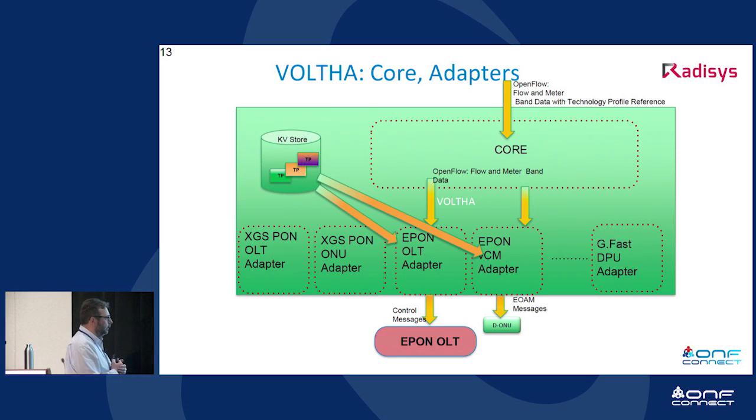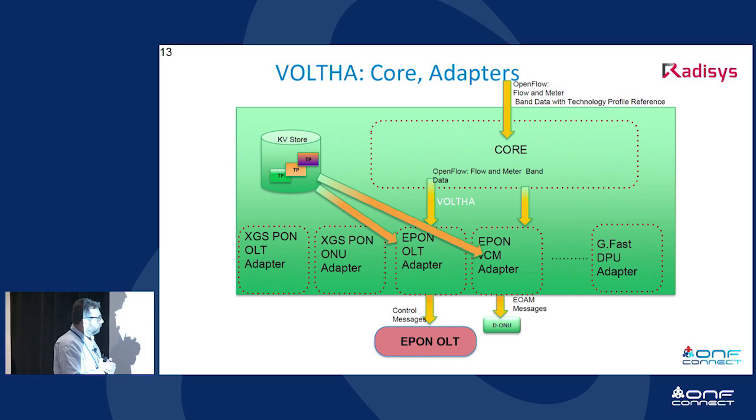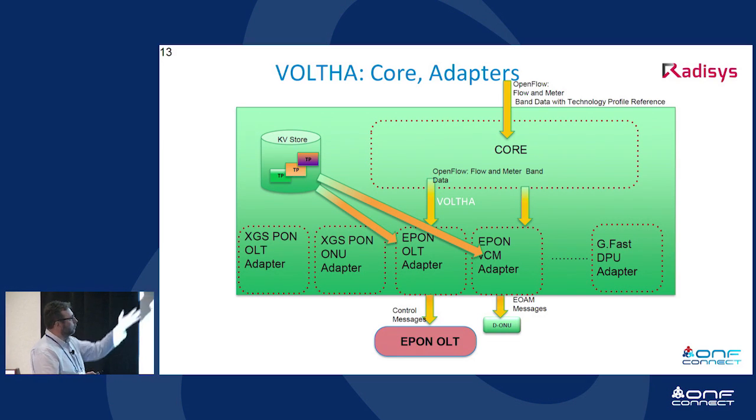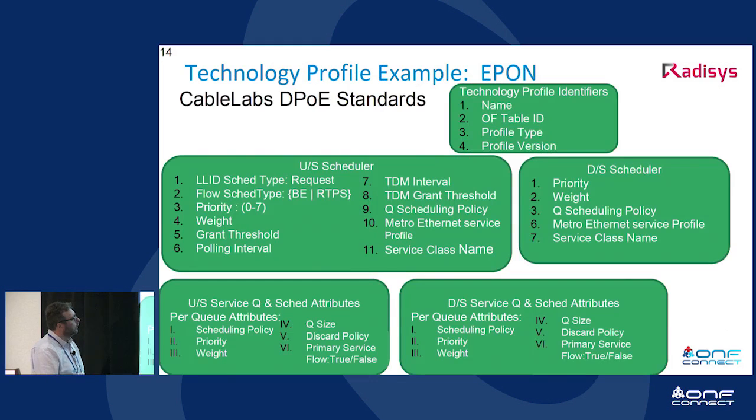And I have my Ethernet OAM messages provisioning the DONU, and just control messages, gRPC messages, provisioning the EPON OLT. And now I'm able to manage these devices via this logical switch abstraction plus OpenFlow plus technology profile.